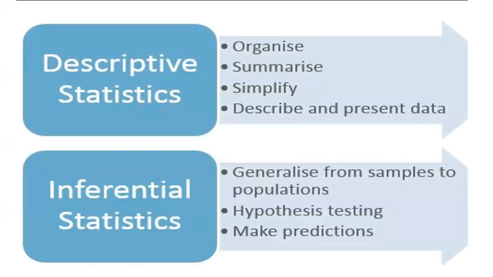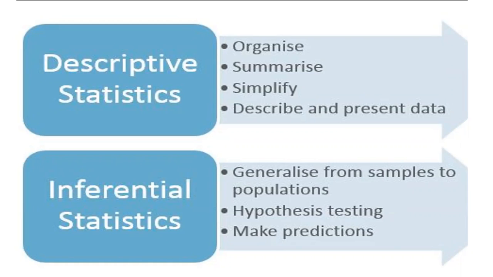Now, we have 2 types of statistics. One is descriptive statistics and one is inferential statistics. Descriptive means you are just describing things, and in inference you are finding out the conclusion. Descriptive statistics involves organizing, summarizing, simplifying, and presenting the data.